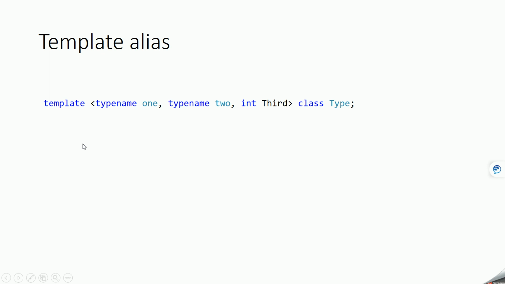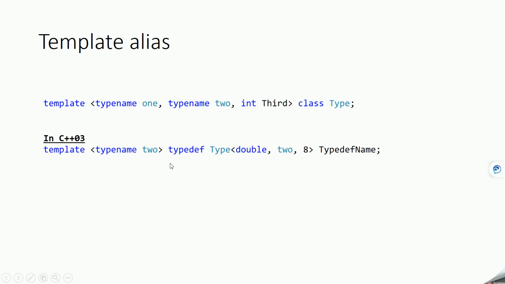So in C++03, if we try to typedef this type, like this, first typedef and then this type name and passing the corresponding values for the parameters, in this case, if you try to create an alternate name for this template type, this will give you an error because an alternate name cannot be created using typedef in C++03.